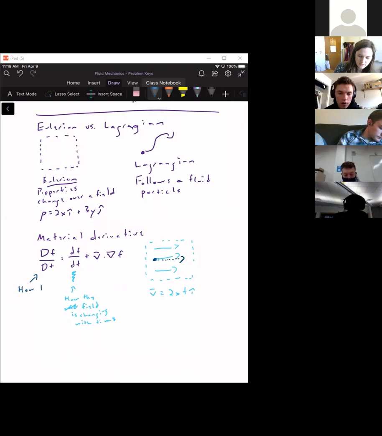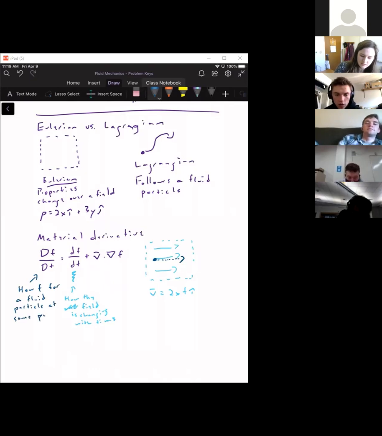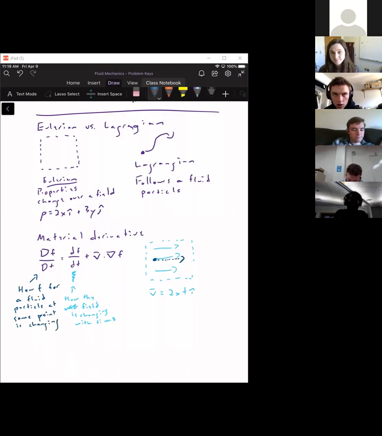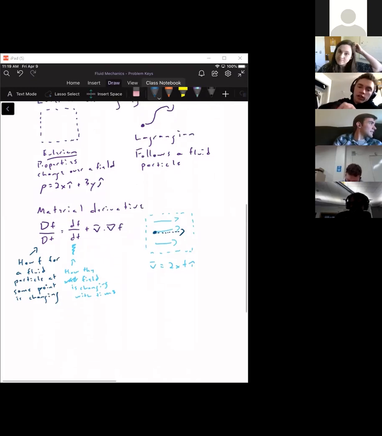How F for a fluid particle at some point is changing. But this is a combination of both Lagrangian and Eulerian points of view.